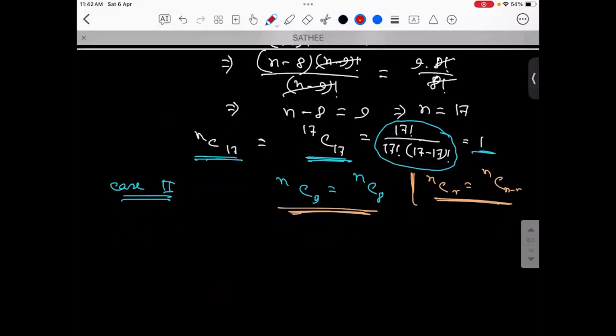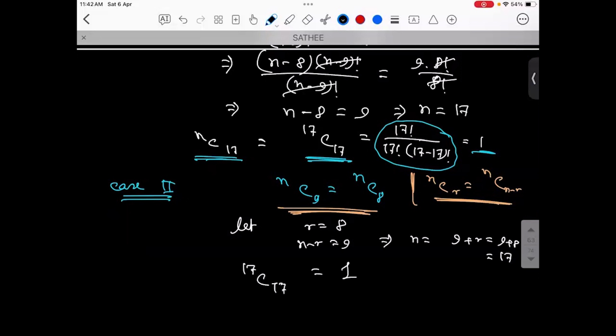So obviously one of these, 9 and 8, should be equal to r. So let r equal 8. Then obviously n minus r should be 9, which implies n equals 9 plus r, which is 9 plus 8, which is equal to 17. And then find the value 17C17, which is equal to 1.